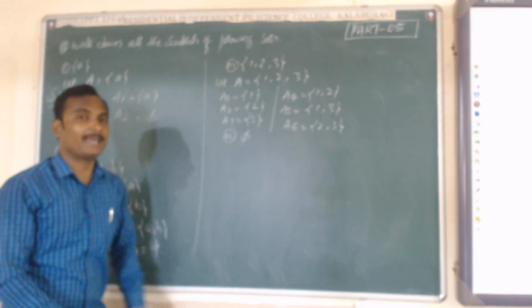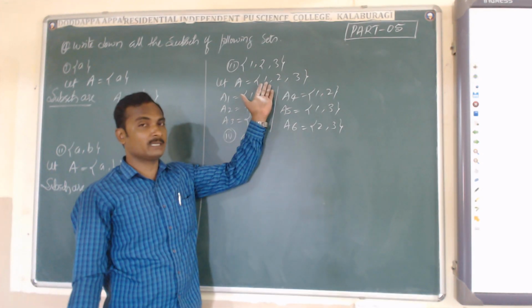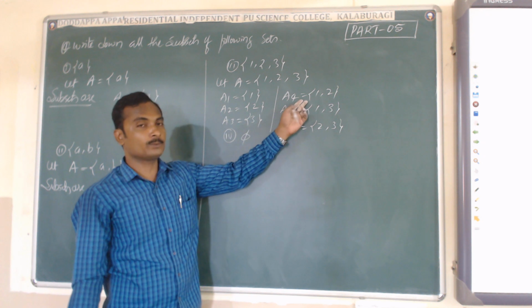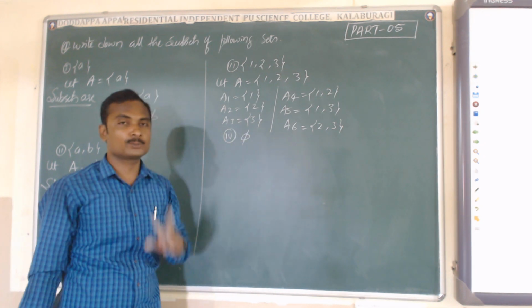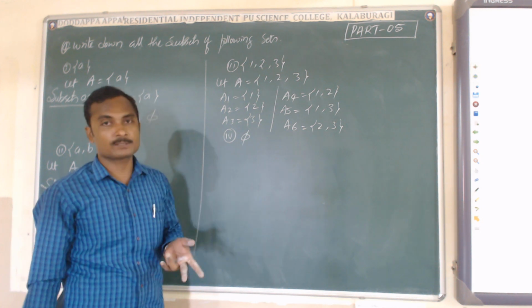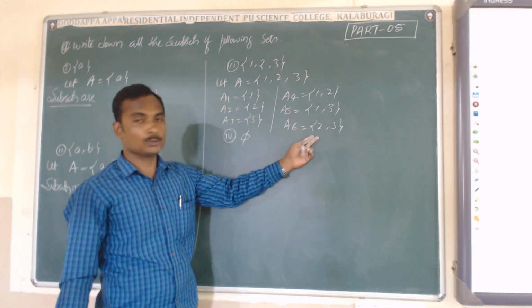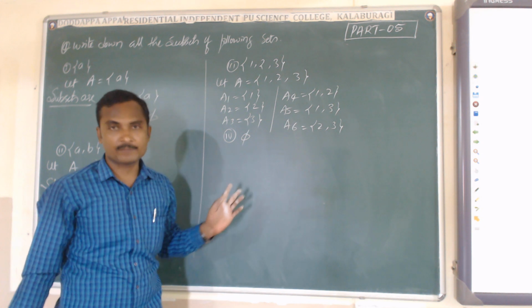The maximum pairs are here. Out of these three, we have to choose 1 and 2, 1 and 3, and 2 and 3. You can see, is there any possibility of choosing any two non-repeated elements? See, {1, 2}, {1, 3}, {2, 3} are all non-repeated pairs of elements.